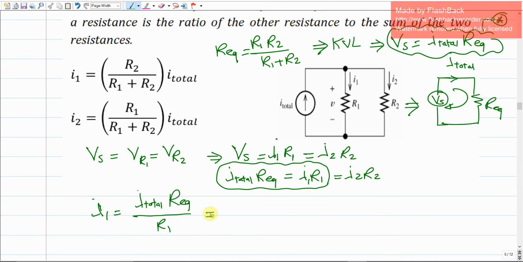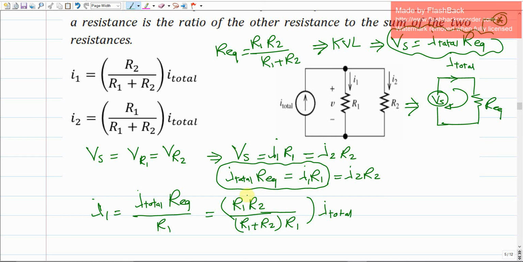Agree? How much is R equivalent? We got it by R1 times R2 divided by R1 plus R2. So simply, let us consider I total, it is a common factor here. So we're going to have R1 times R2 divided by R1 plus R2, which is R equivalent, and this should be multiplied times 1 over R1, and overall it should be multiplied times I total.